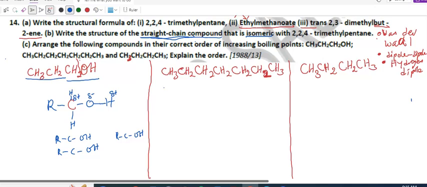There is a force of attraction between the dipoles here. The same thing goes for here, positive, negative, positive.